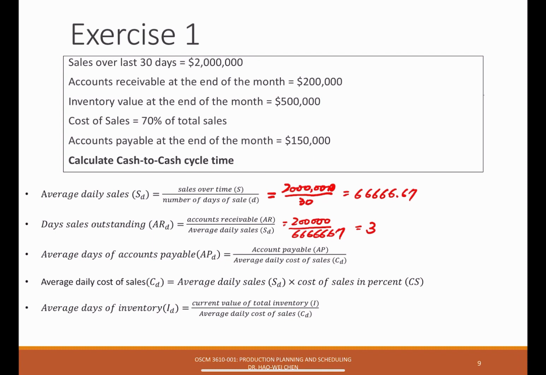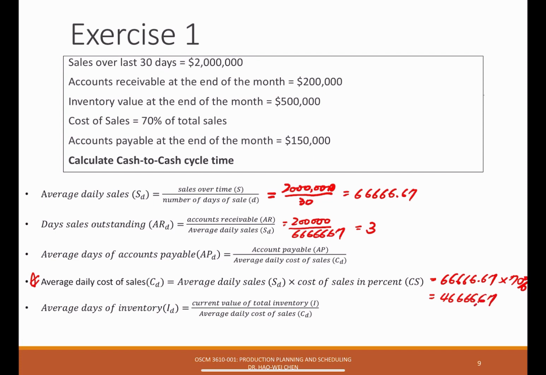The average days of accounts payable will be the accounts payable divided by the average daily cost of sale. We don't know the cost yet, so let's work on the cost first. The average daily cost of sale will be the average daily sale multiplied by the percentage. We know the average daily sale is 666.67, and the percentage is 70%. So it will be 46666.67.